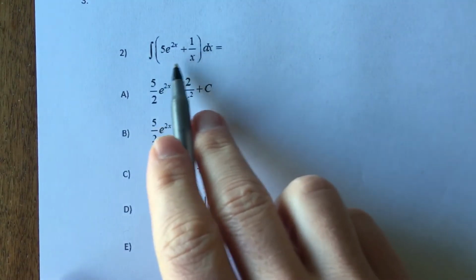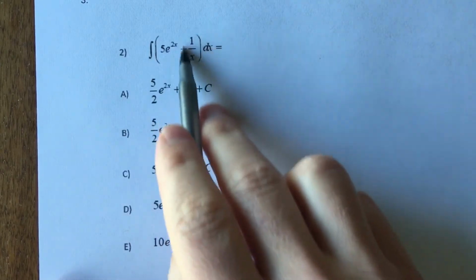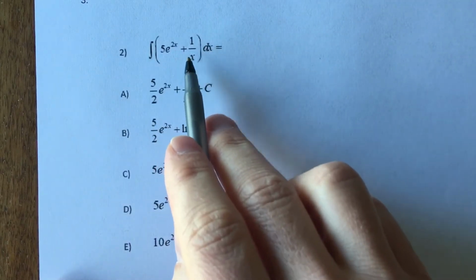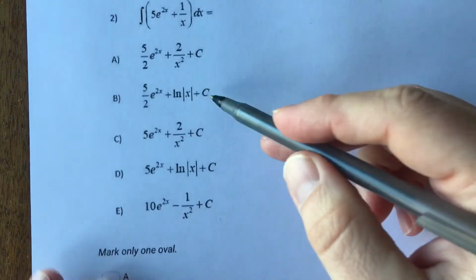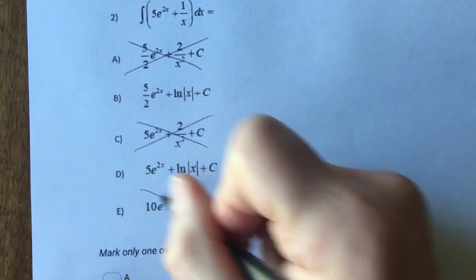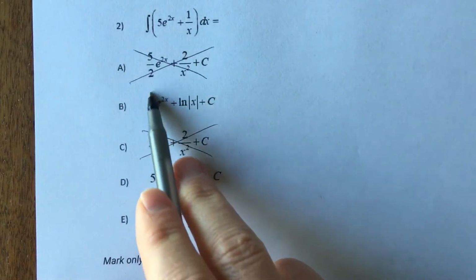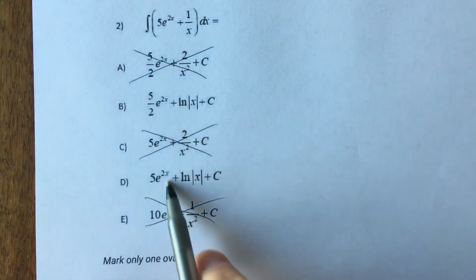For number 2, we're supposed to integrate these two, and so you just have to be a little careful on both. Now, one nice thing is, if you remember that the integral of 1 over x is natural log of absolute value of x, you can look at your choices, and you see that we can get rid of at least those 3, right? And then it just comes down to, would it be 5 halves e to the 2x or 5 e to the 2x?